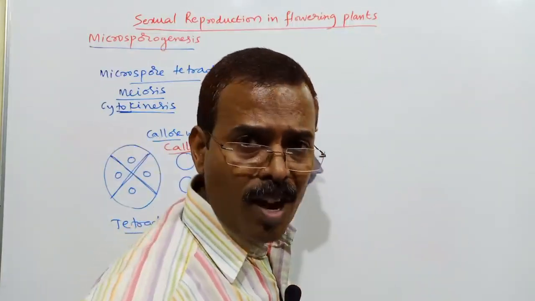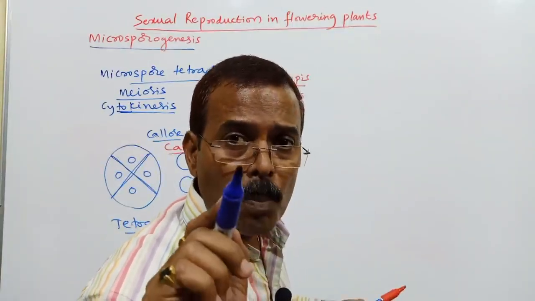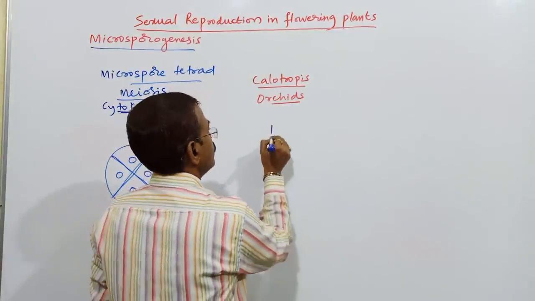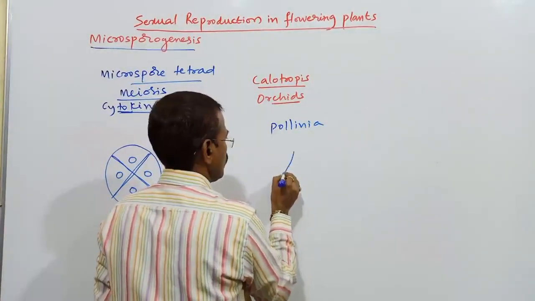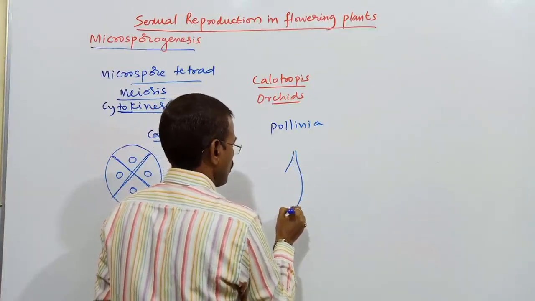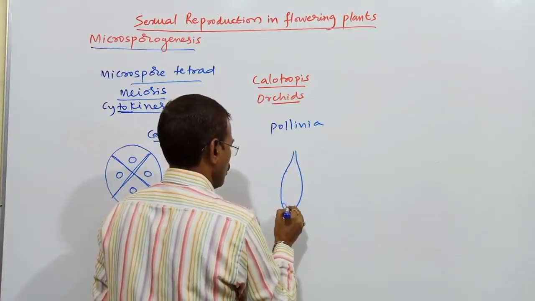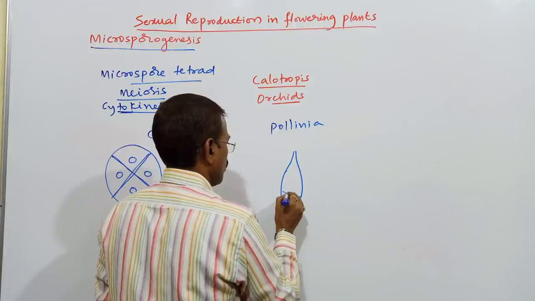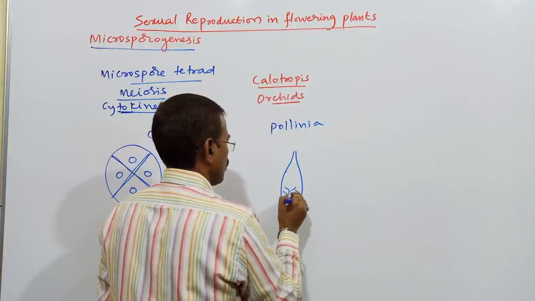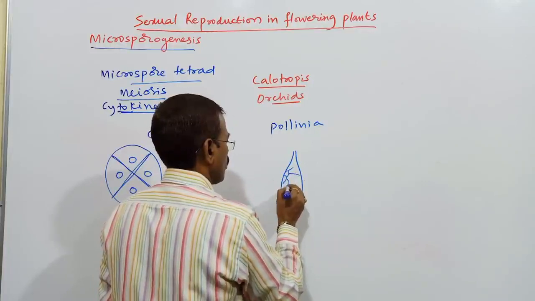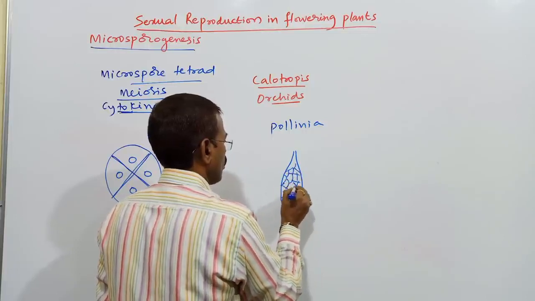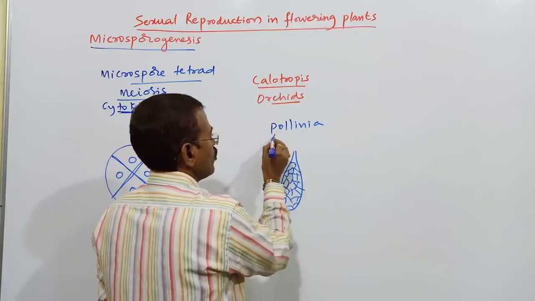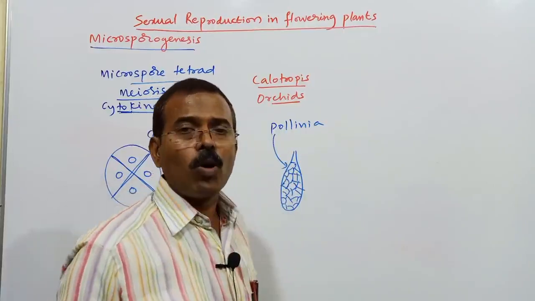In these examples, you call it pollinia. So this structure is called pollinia.